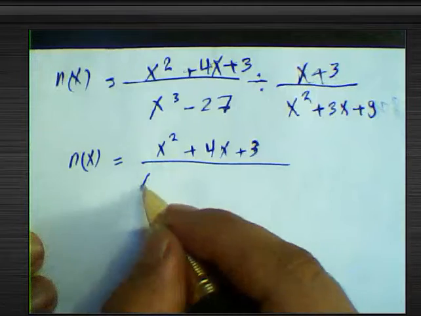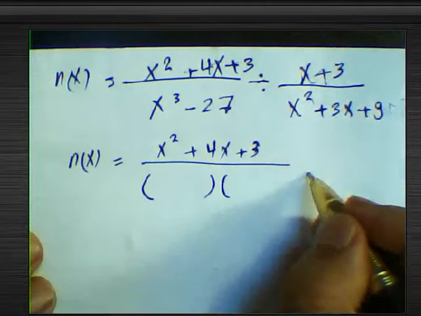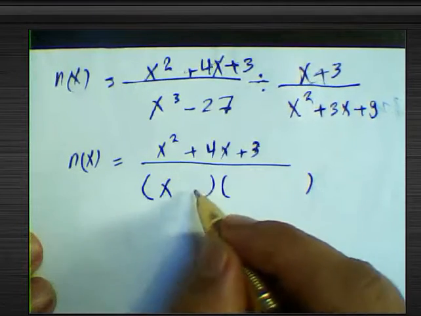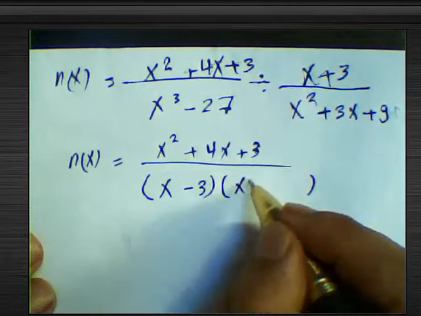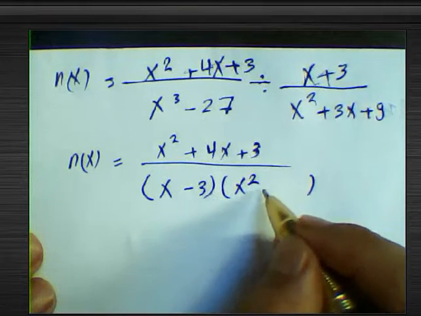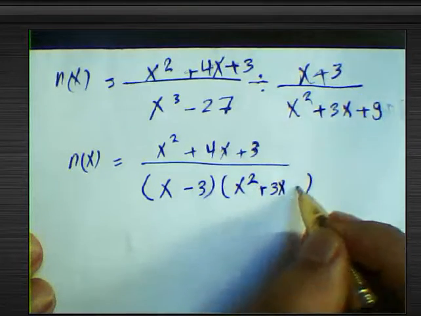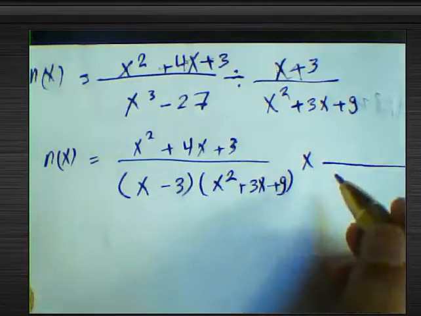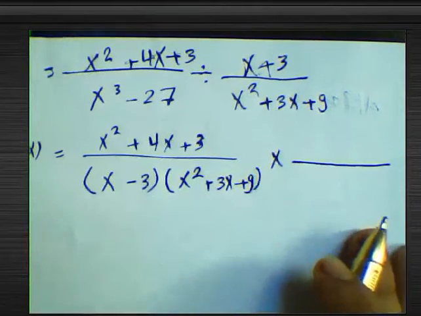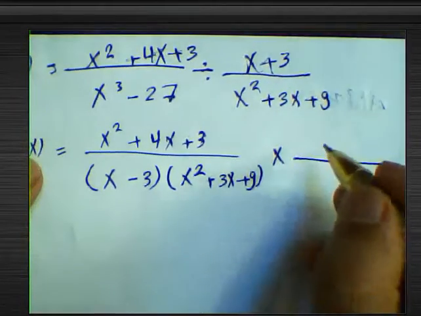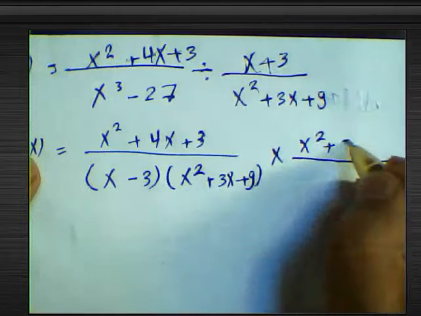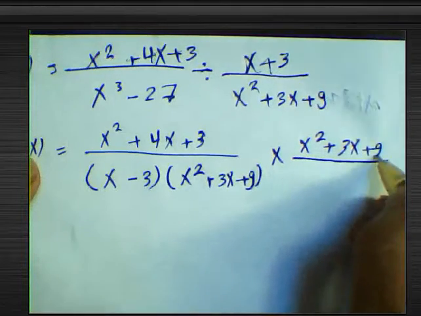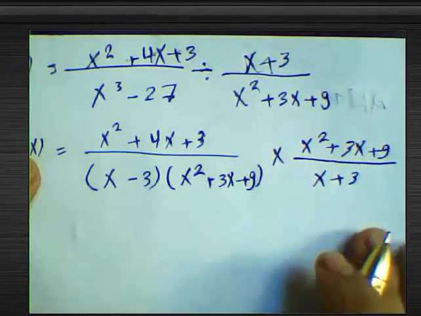And x³ − 27, we can factorize as x − 3 times x² + 3x + 9. We can write multiplication here and write the multiplicative inverse of this fraction, x² + 3x + 9 over x + 3.